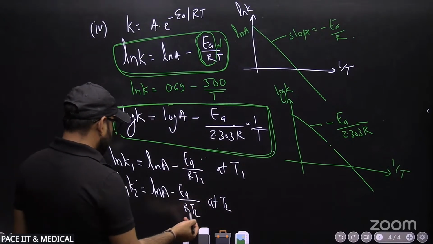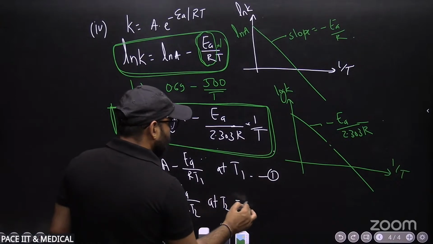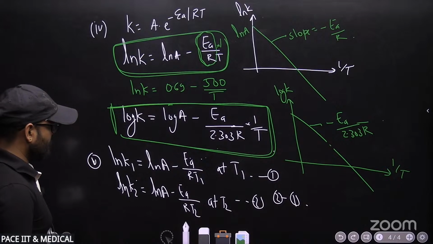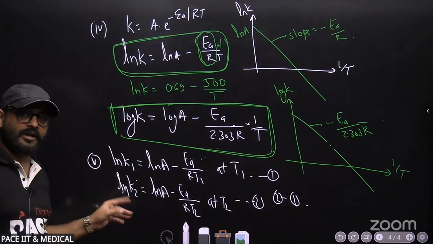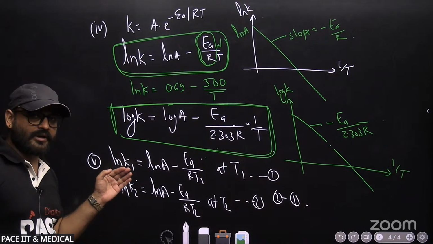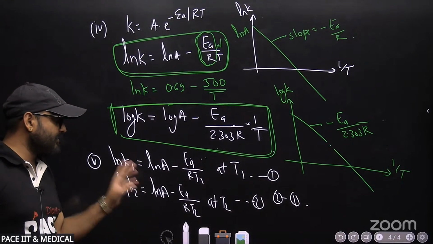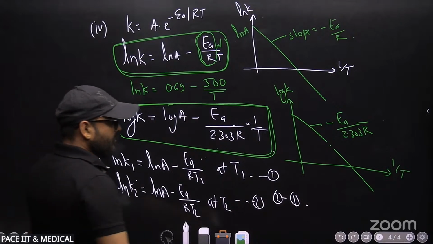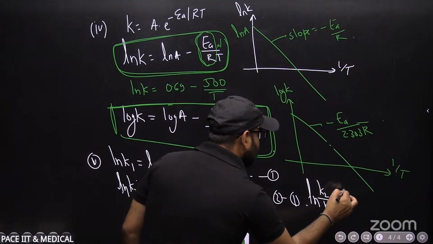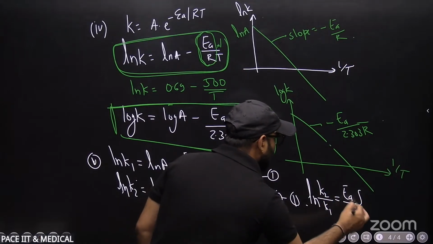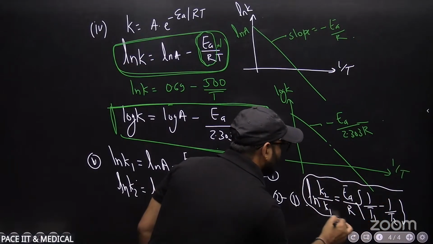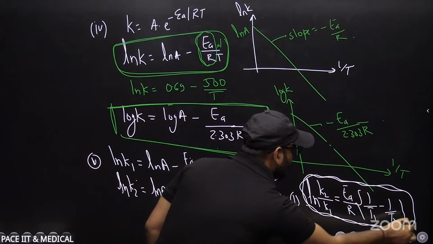If I subtract 2 minus 1, then I will get ln K2 minus ln K1, which is ln K2 by K1. ln A will be cancelled out. See what I'm getting, ln K2 by K1 equals to EA by R into 1 upon T1 minus 1 upon T2.